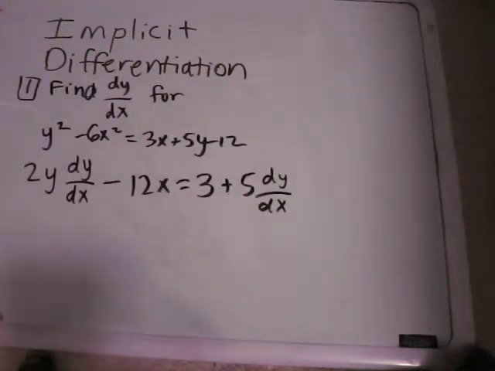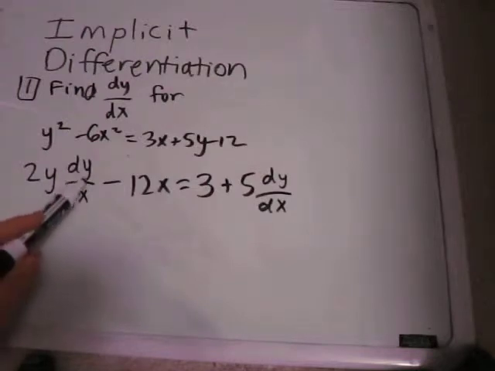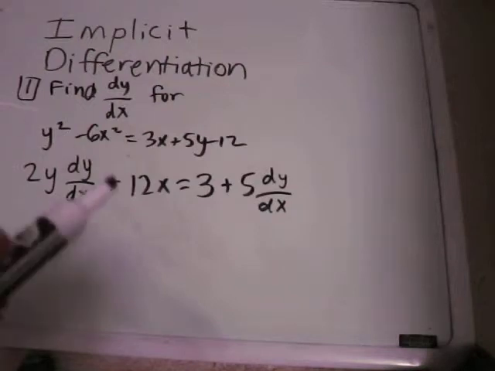Now we want to get everything that has a dy/dx in it on one side of the equal sign and everything else on the other side.